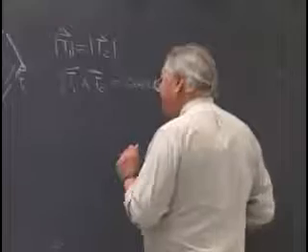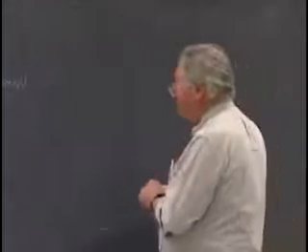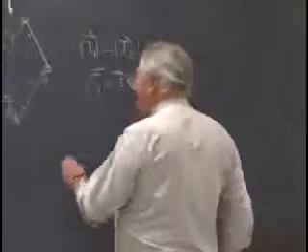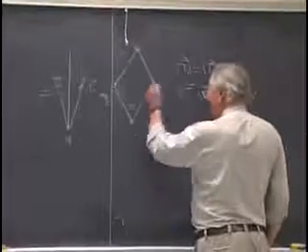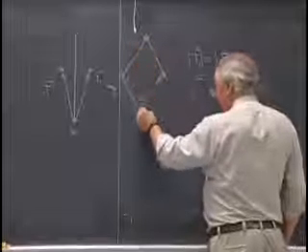Now, let me point out that this is, for the first time, a case where it would be much to our advantage to not choose a cell that contains 1 lattice point. Let me put some dotted lines in here.